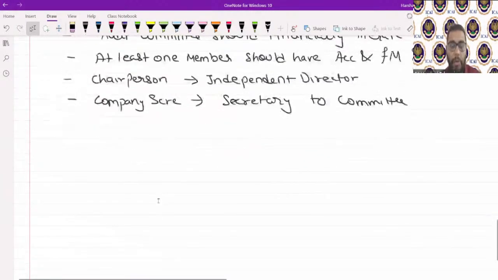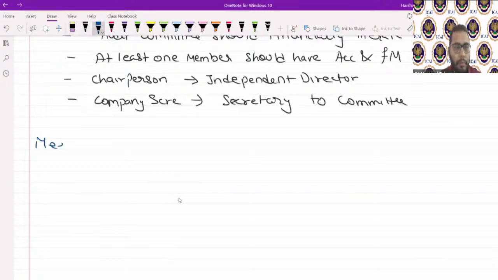Now once you have how the audit committee should be formed, when will the audit committee meet? Meeting of the audit committee.